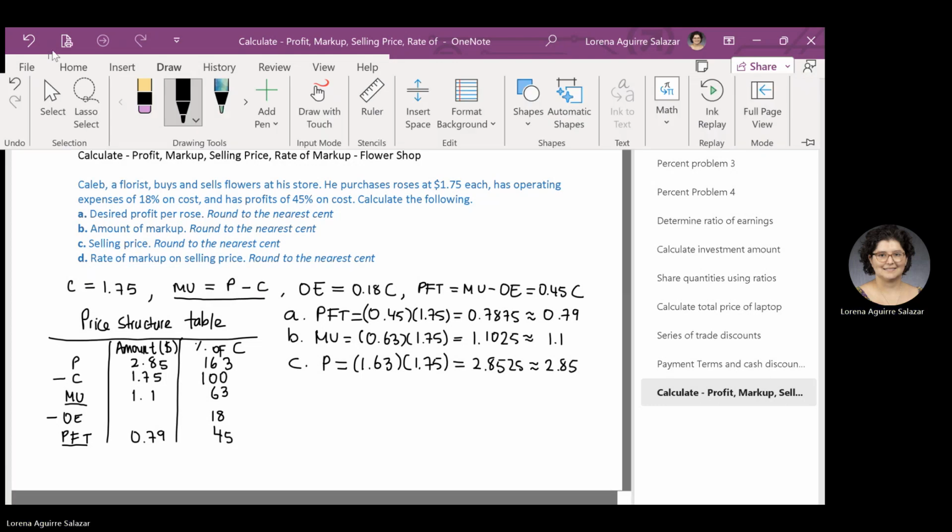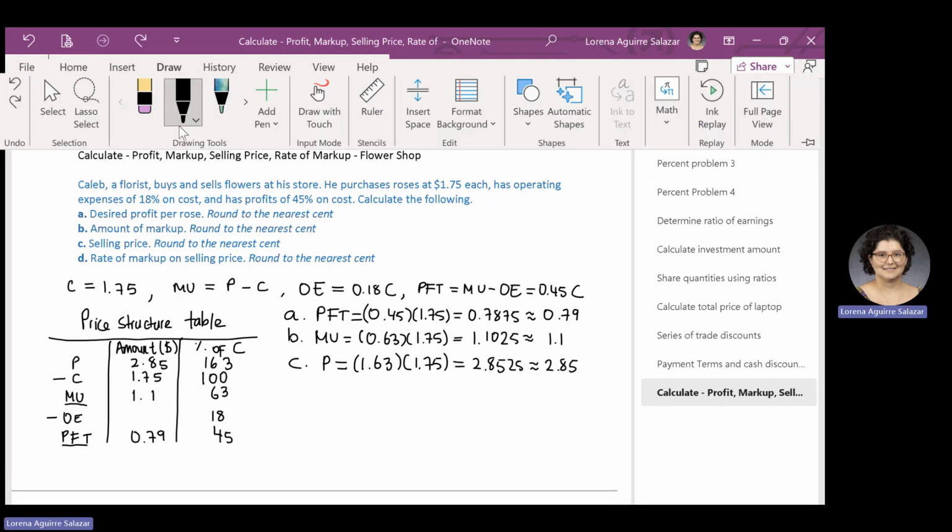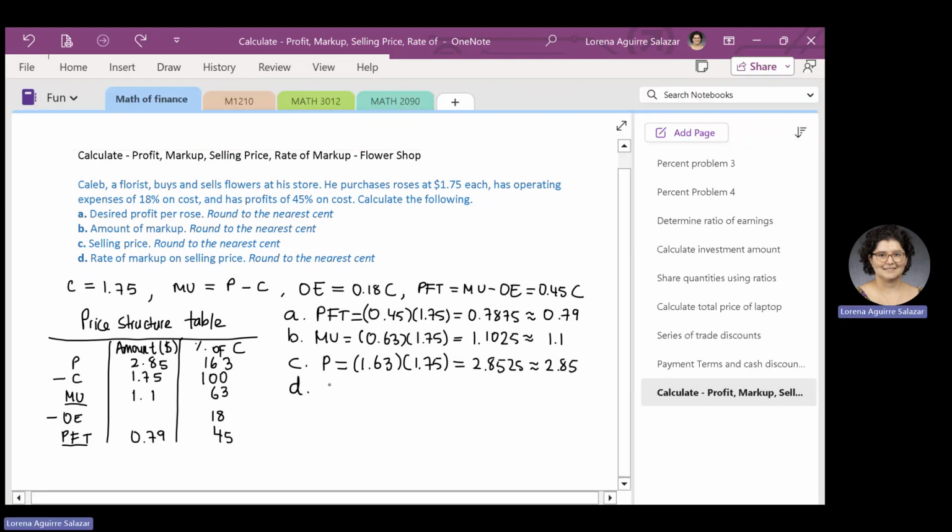Okay. Finally, we need to find the rate of markup on the selling price. And to compute that, we do MU divided by P times 100%. We're doing MU, and that is 63% of the cost divided by P, and P is 163% of the cost, multiplied by 100.